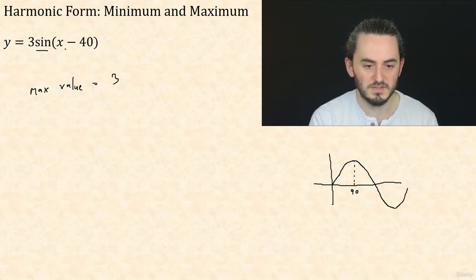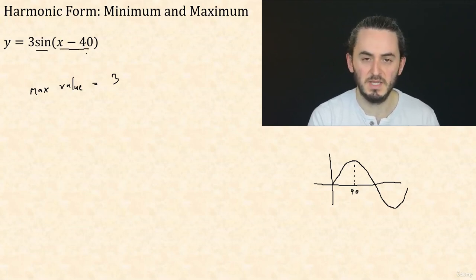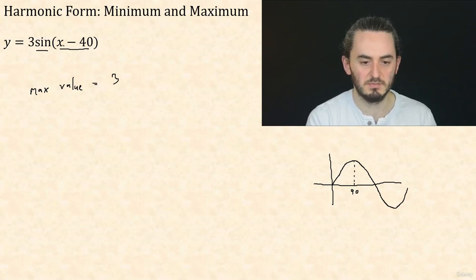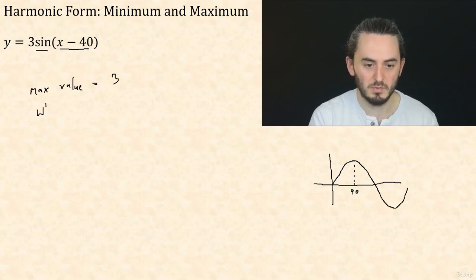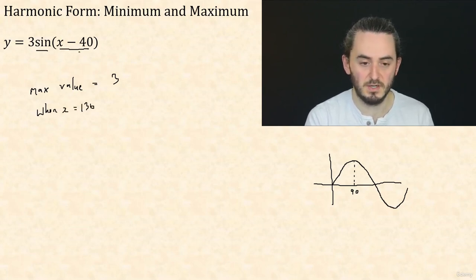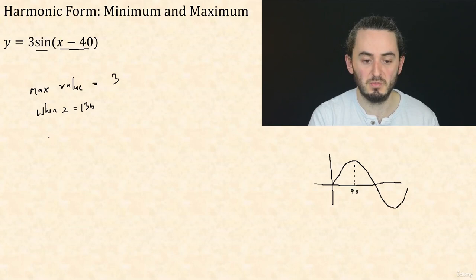So all I need is the stuff in here to be 90 degrees. So what does x need to be to make this 90? Well, it happens when x is 130, because 130 minus 40 is 90, sine of 90 is 1, and 3 times that is 3. So the coordinates of the maximum point here is just 130, 3.